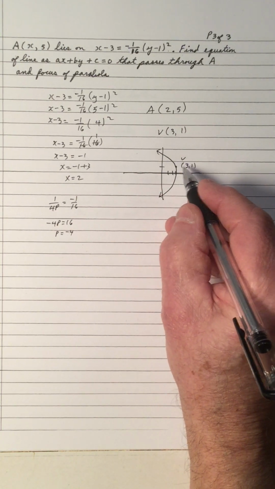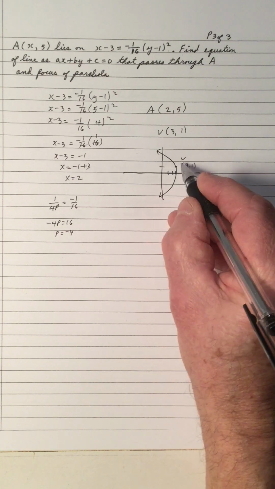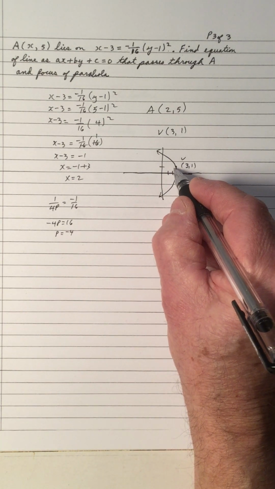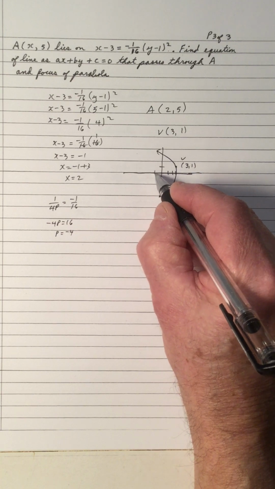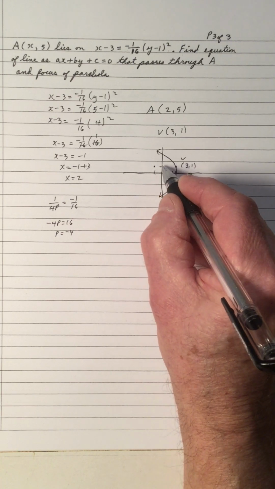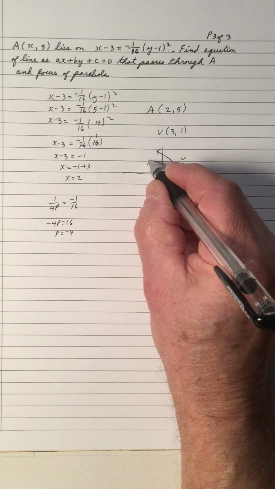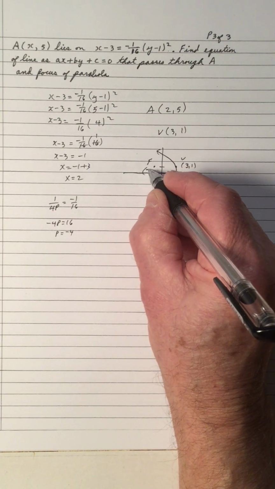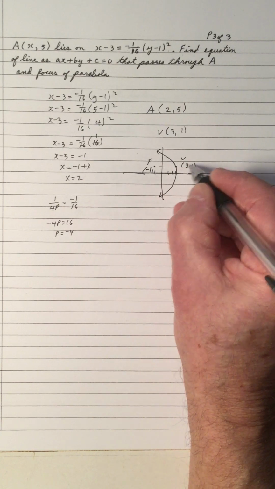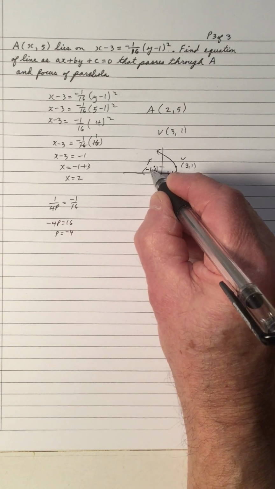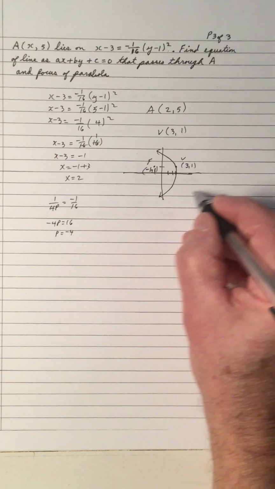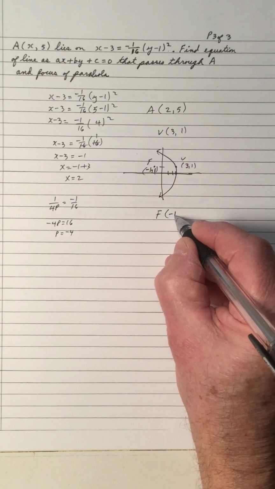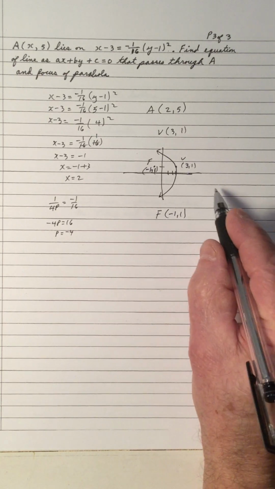So p is negative 4, so p moves this way. 1, 2, 3, right here. So there's negative 4. So that's the focus. And that focus is at x is negative 1 and y is 1. So just to put that down, the focus is at negative 1, 1.